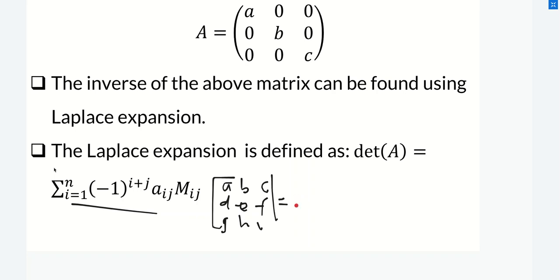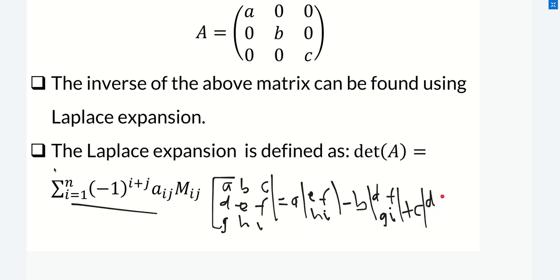So here we have A times the determinant of E, F, H, I. Then minus B times the determinant of D, F, J, I. Then plus C times the determinant of D, E, J, H. Okay, so this is what I have when we want to find the determinant.